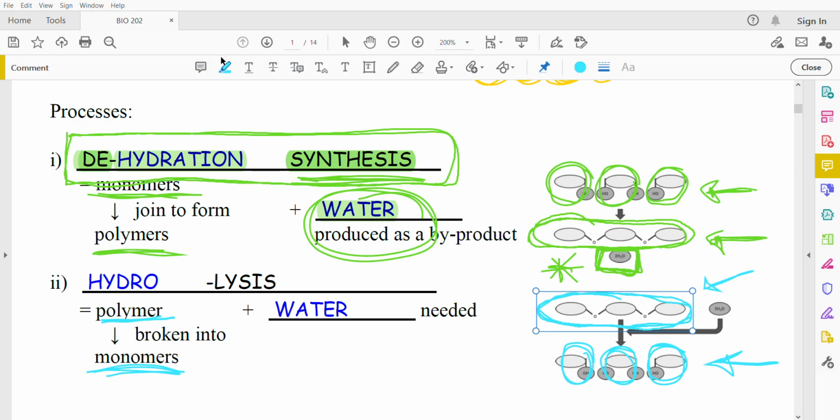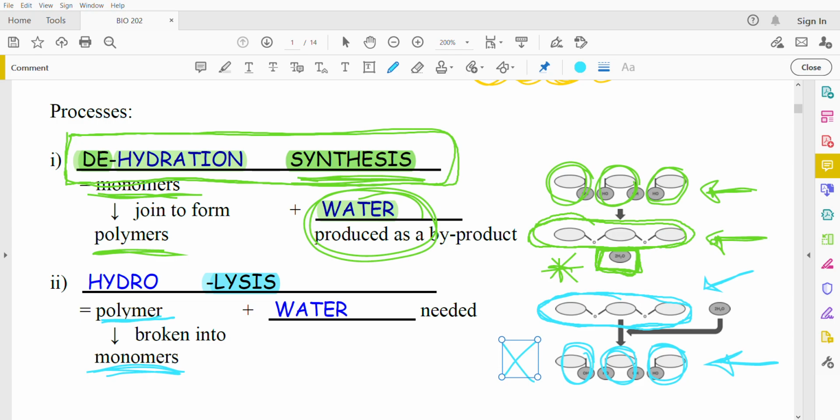So the key here is to remember that when we're talking about lysis, lysis is usually referring to some sort of a breaking apart, something is no longer together. So in this case, we're breaking apart the polymer into monomers.